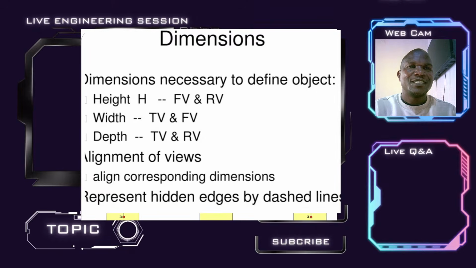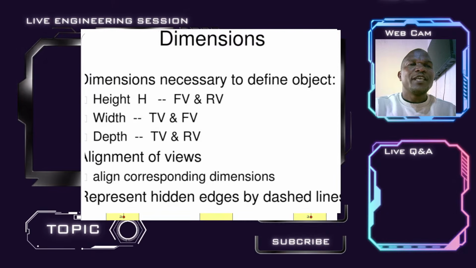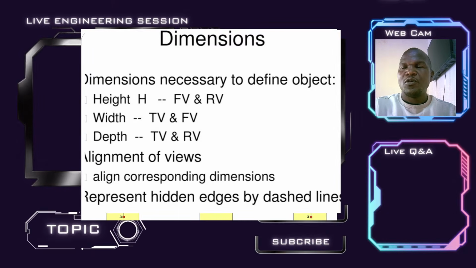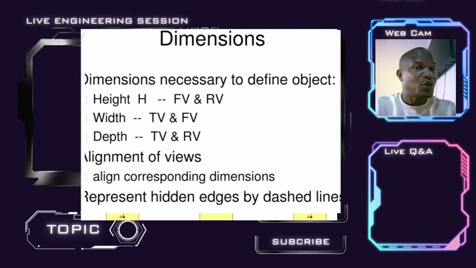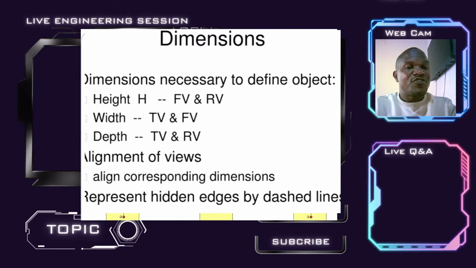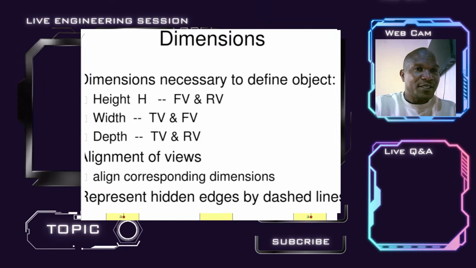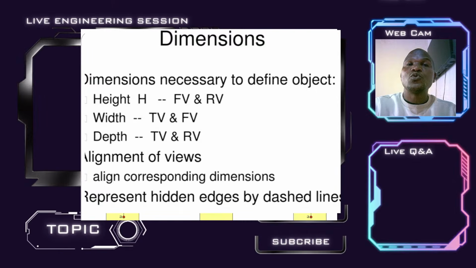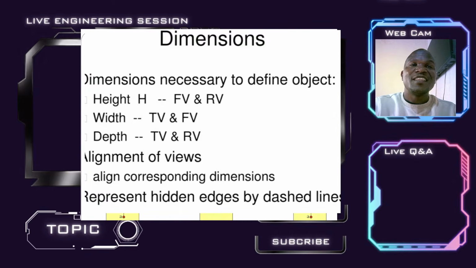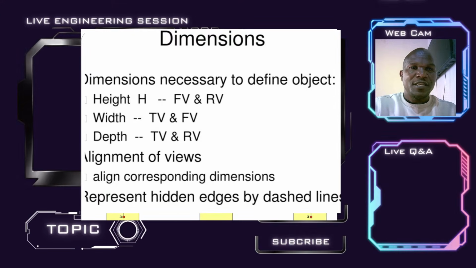Now, when we draw projections, or we project lines or points or planes from 3D to 2D, it's of utmost importance to understand and define the dimensions, especially the height, the width, and also the depth.